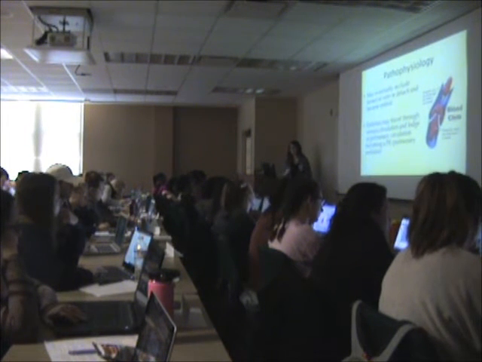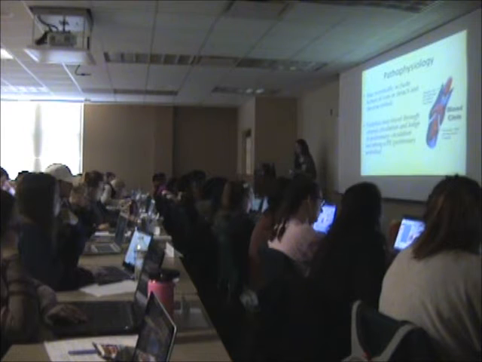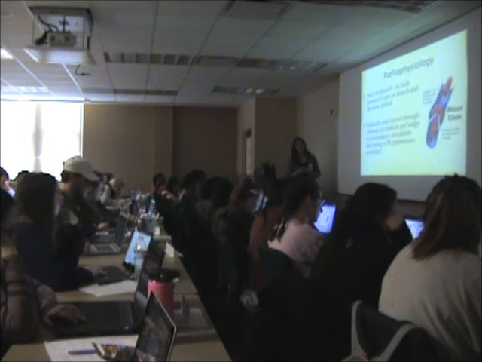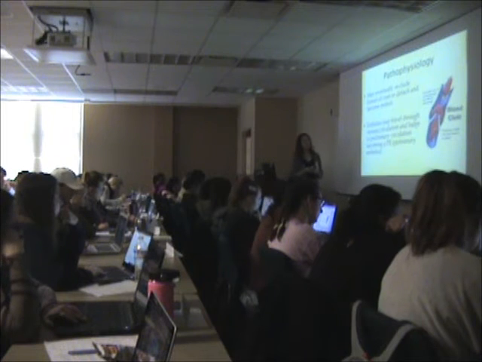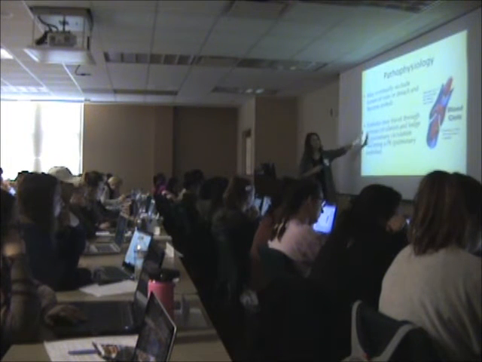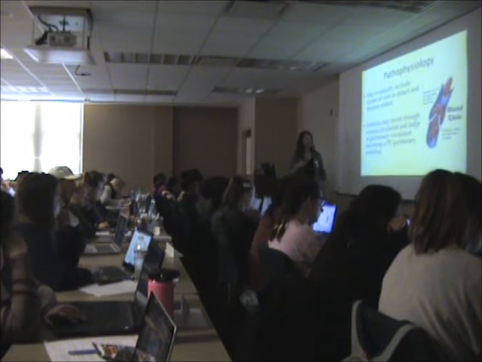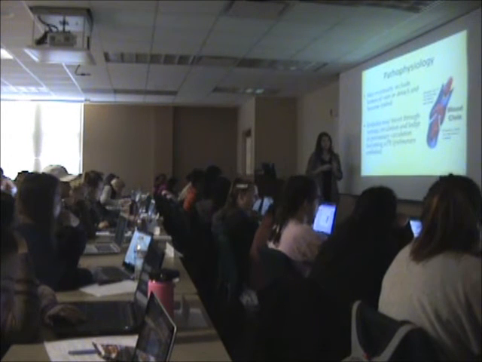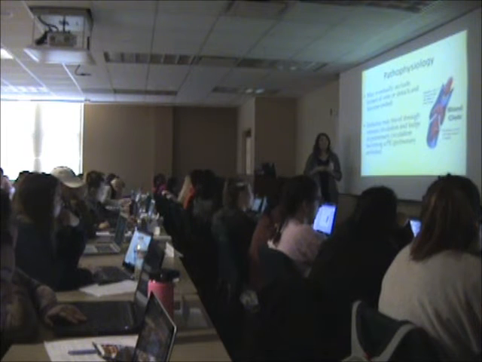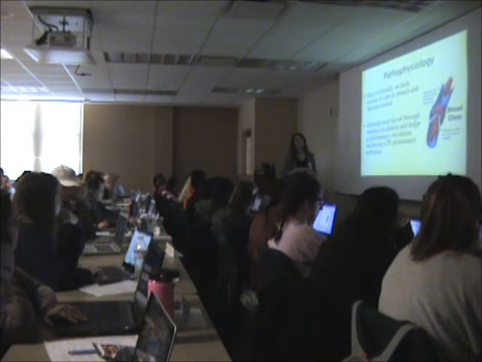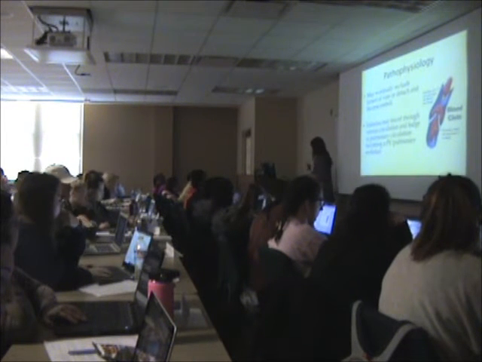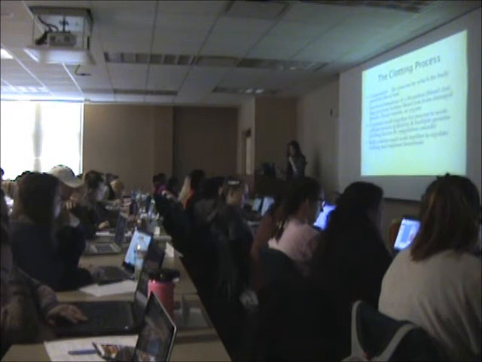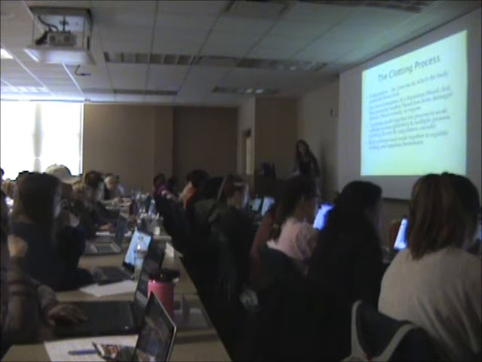It may eventually occlude the entire lumen, or it may become detached, and that's called an embolus. An embolus may travel through the circulatory system and lodge into the pulmonary system, and that's known as a PE or a pulmonary embolism, and that's really, really bad. So we'll talk about that some more in a minute.